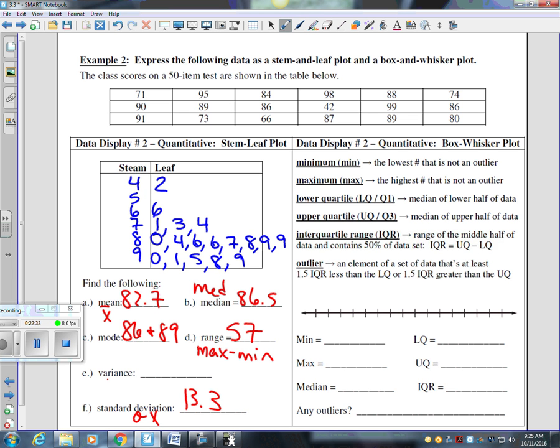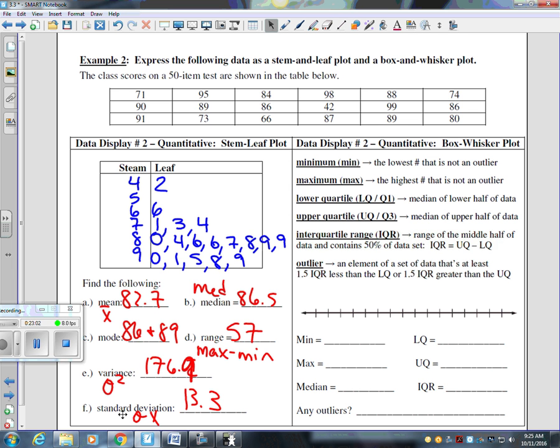So you square this number. So you type in 13.3 squared. What do y'all have for that? 176.9. Okay.